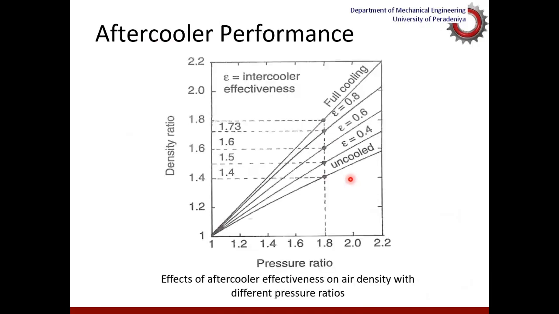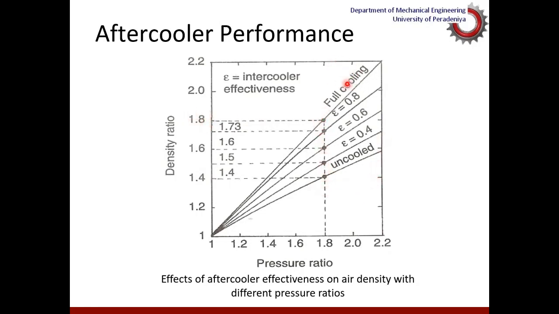Now, this graph shows us the effectiveness of this aftercooling. If you consider, for example, an operating pressure ratio of 1.8, if it is uncooled, you could say the density ratio is 1.4. And if it is fully cooled, 100% cooled, you could say the density ratio is 1.8. So the density could be increased through this cooling.